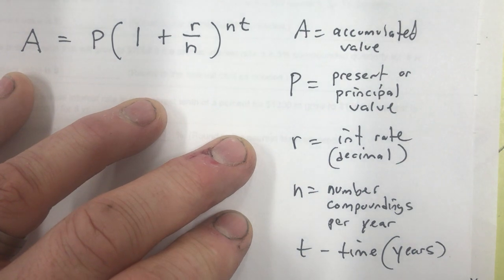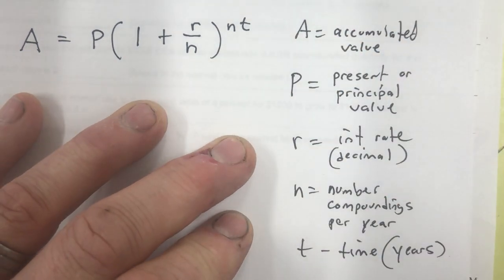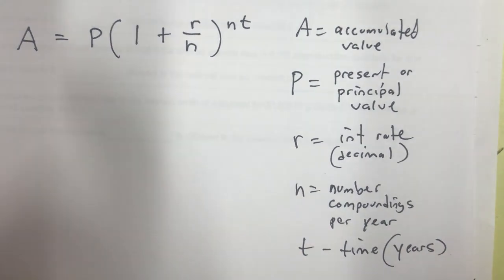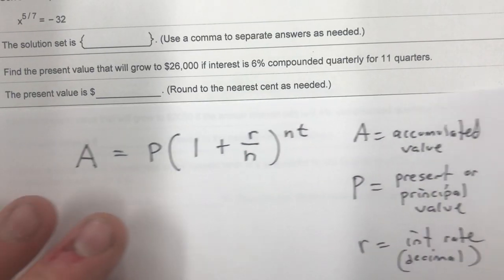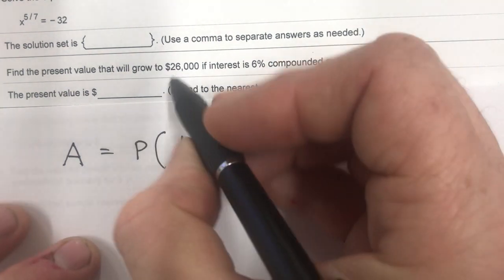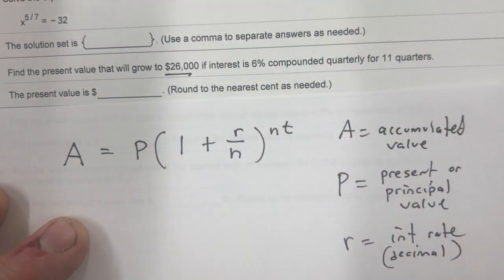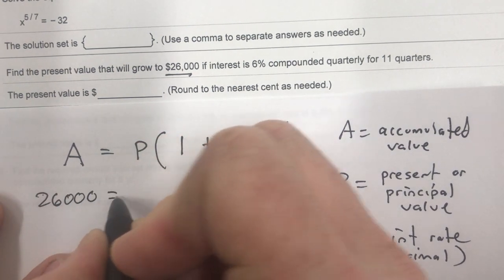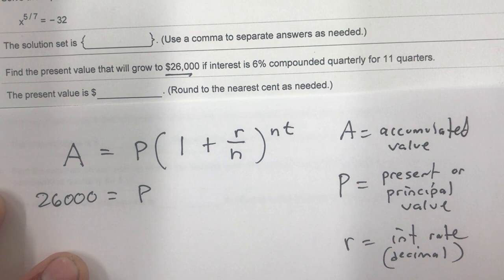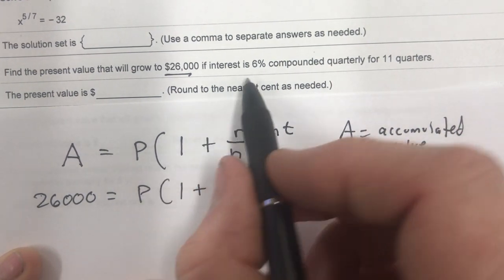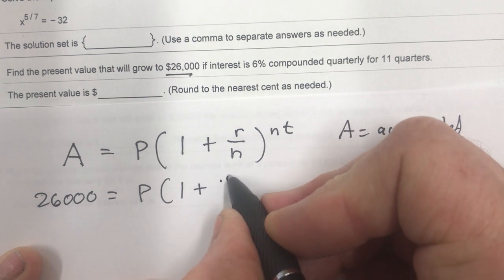because we'll be using these a little bit in this chapter, namely on this problem here too. So on 17, it says find the present value that will grow to 26,000. So 26,000, that's your accumulated value. That goes right here. The present value we don't know. It's going to be 1 plus the rate, which is 6%, so that's 0.06.